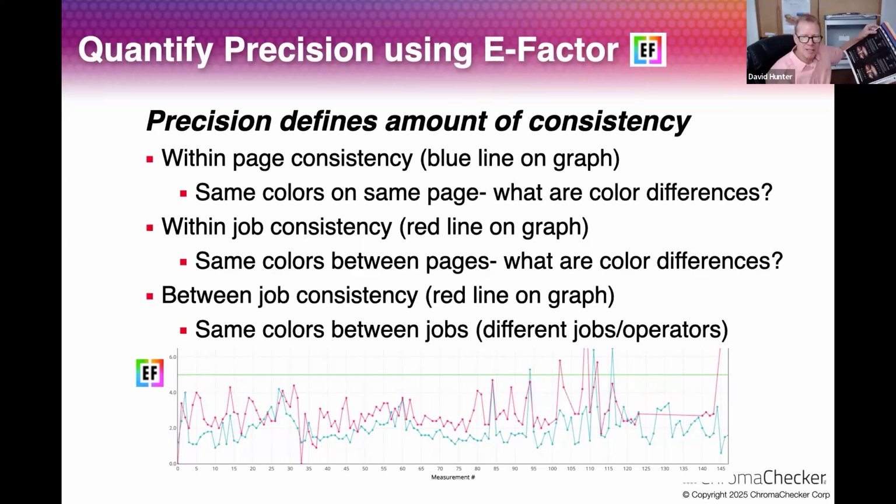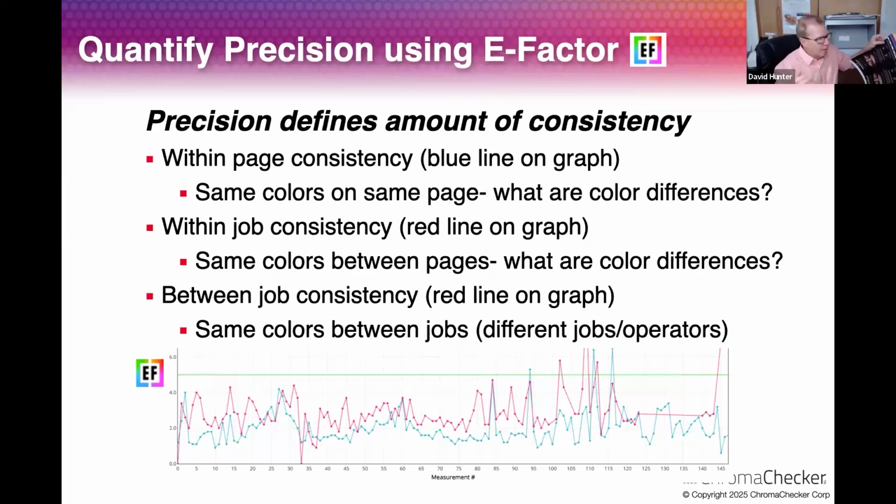That's not very consistent. But I can tell you this press does not have good ink presets, nor does it have closed loop. So ink presets and closed loop will help make the press more consistent because it'll help level out the ink keys within the press, which makes the consistency of the color on the press that much better.